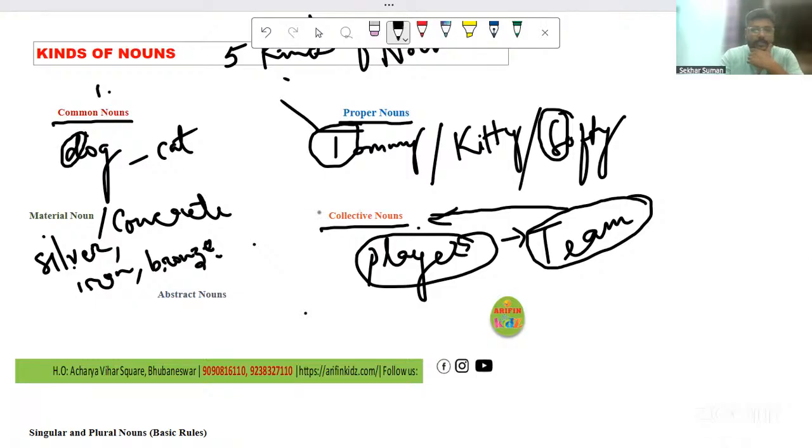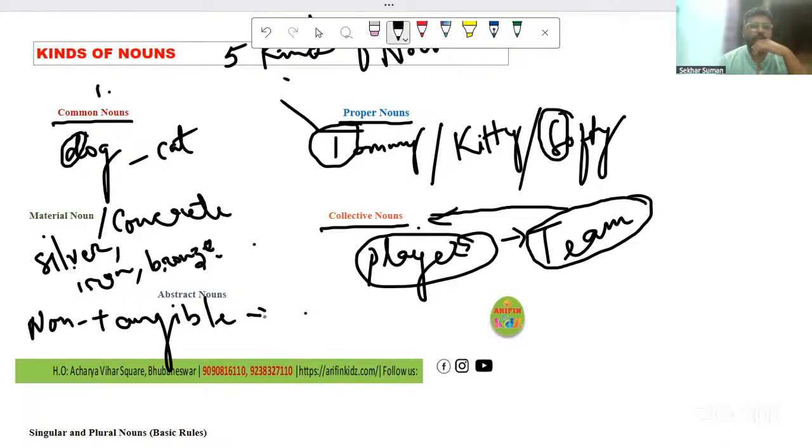Fine. And what are the collective nouns? Moving ahead with abstract nouns. Okay. So basically, these are non-tangible things. What exactly is this non-tangible?